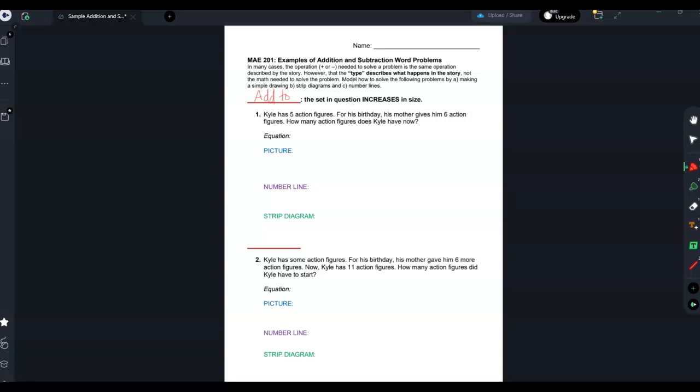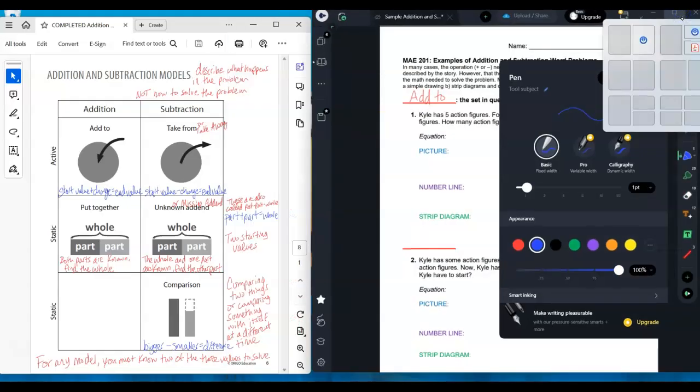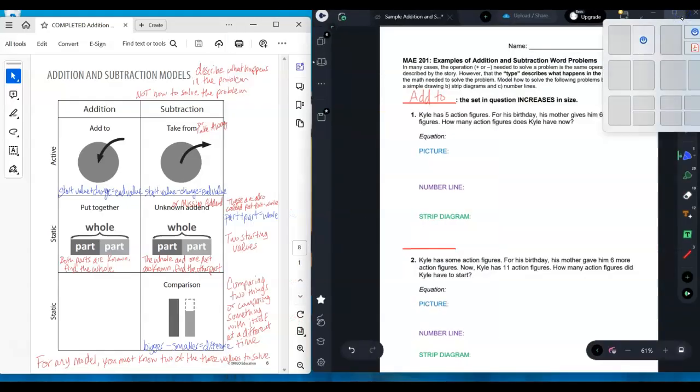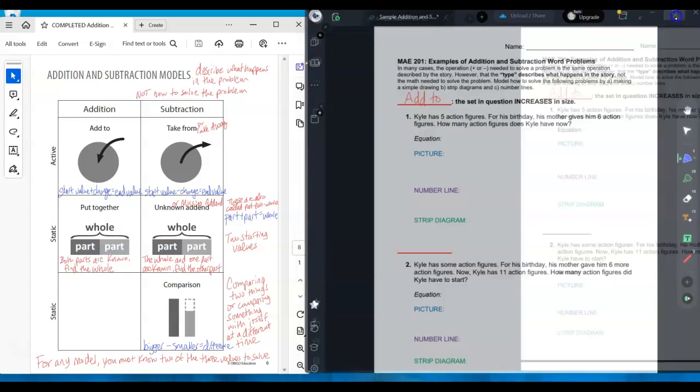So then if we want to write a setup equation for this, if we look at our model sheet, we can see that for add to problems, the equation takes the form starting value plus the change equals the ending value.